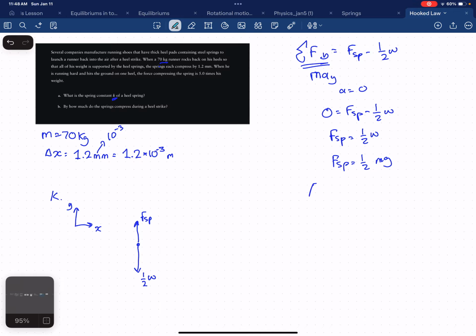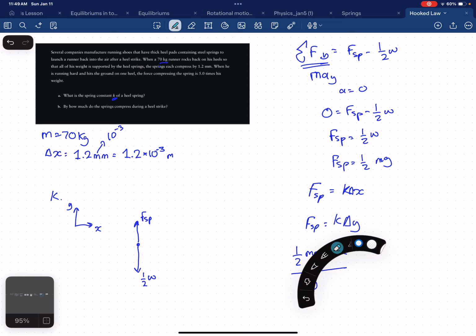If I write my Hooke's law equation, FSP is going to be equal to Kx. Here I'm looking at the magnitudes, not the vector forms, so I'm not going to use the minus signs, delta x. And actually, because we're in a vertical direction, our equation will be K delta y. So thus, our spring force here will be 1/2 mg equals K delta y.